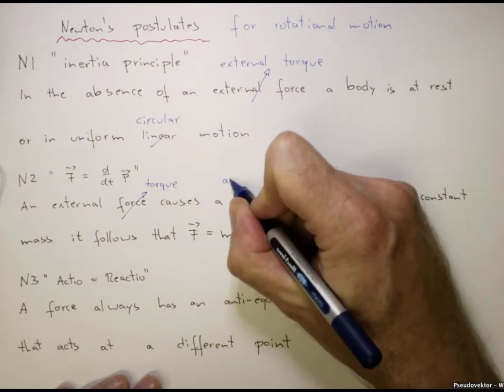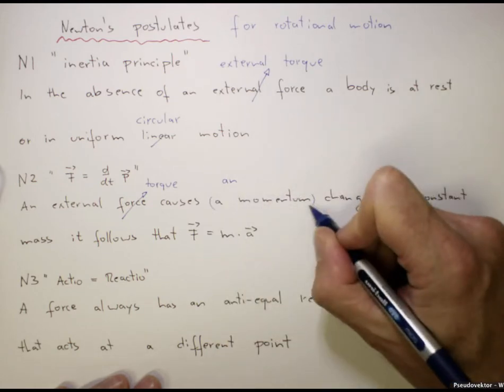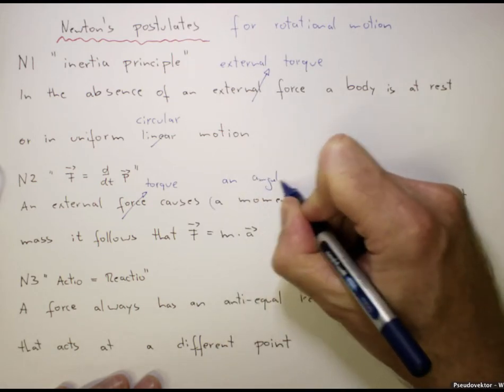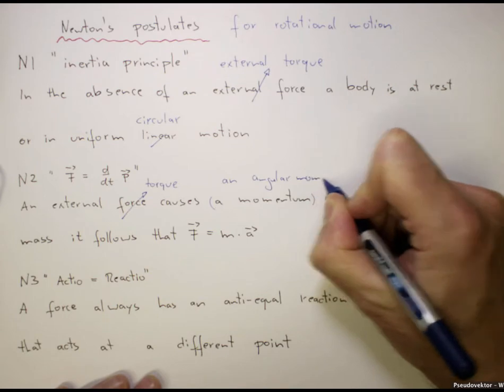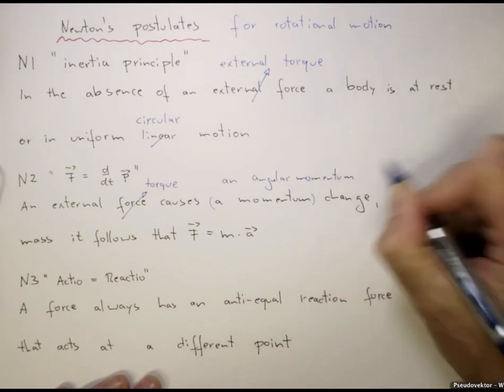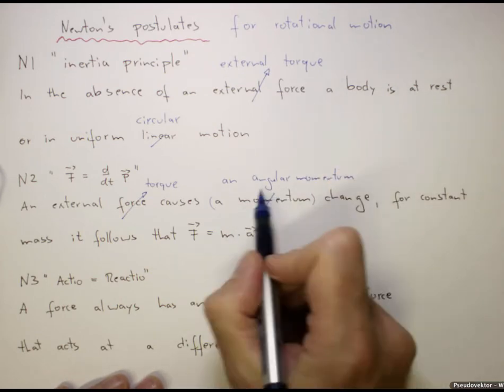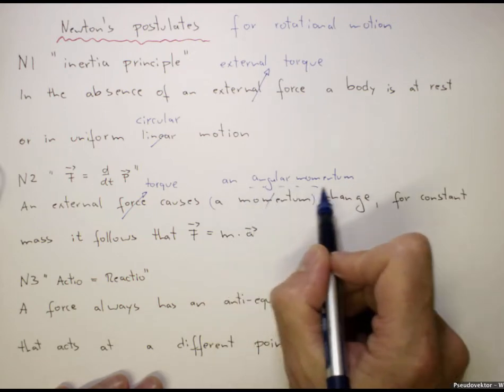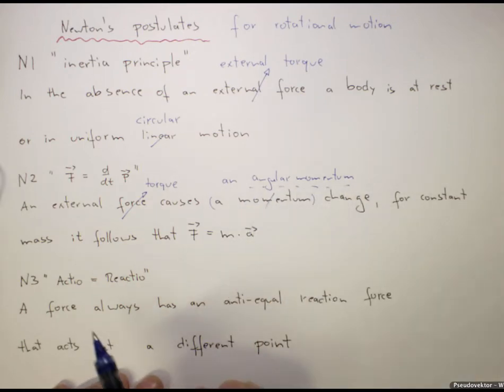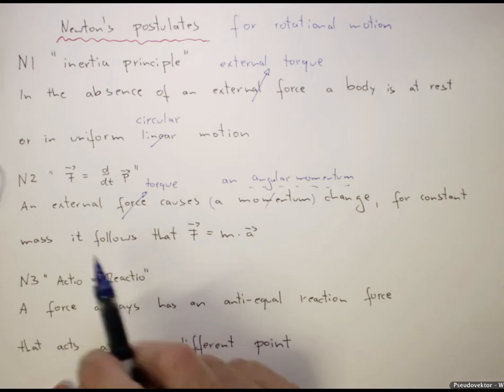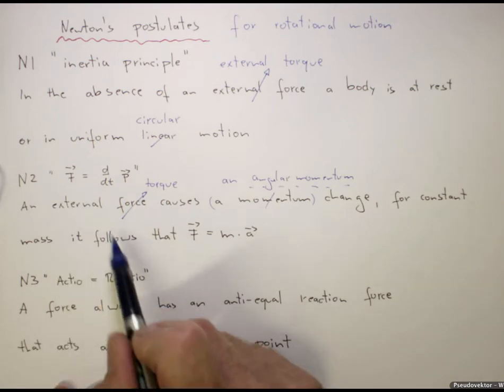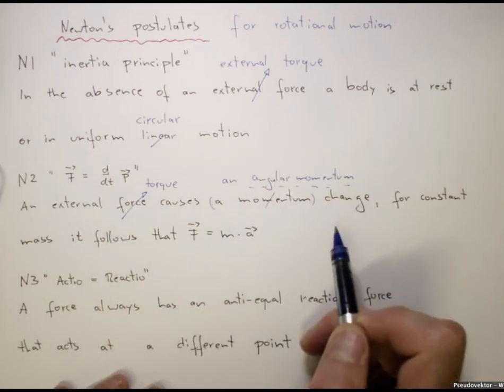Here we have to write an angular momentum change, and you realize that this is a quantity we haven't discussed so far, so this is still missing in our discussion. Angular momentum. What is angular momentum? An external torque causes an angular momentum change.